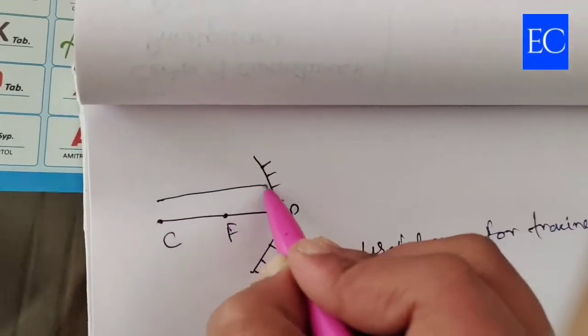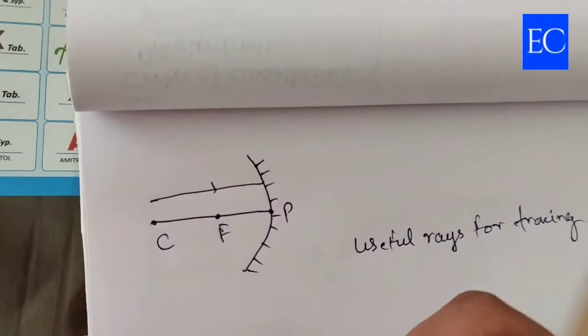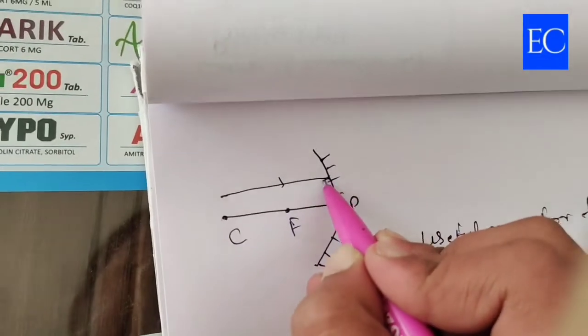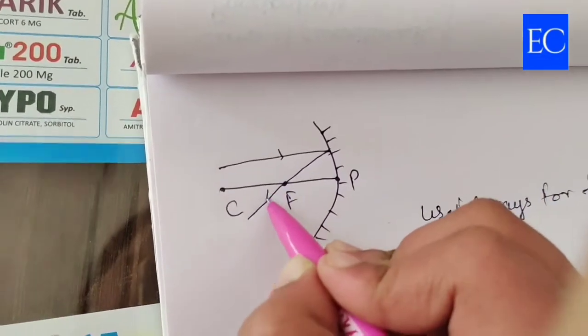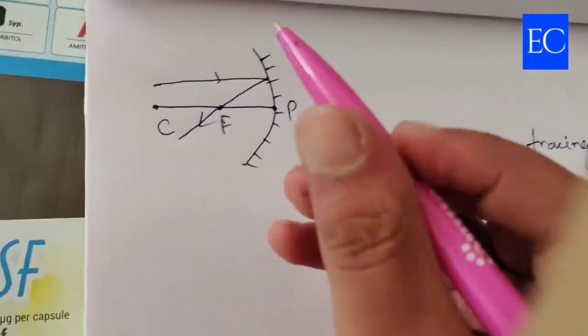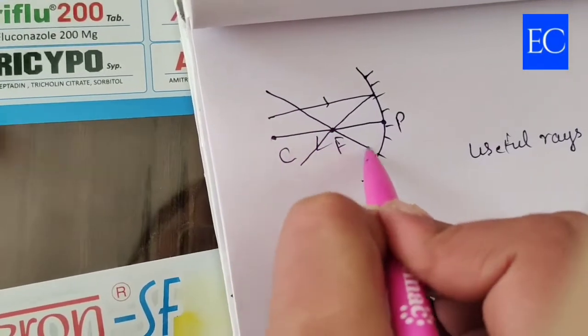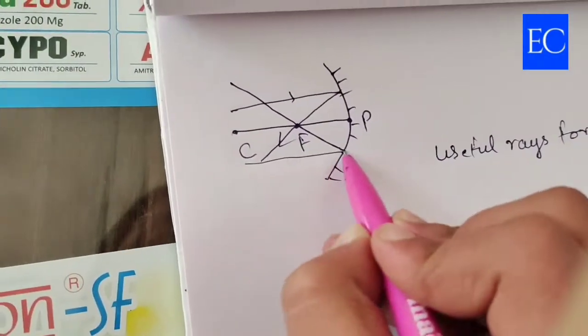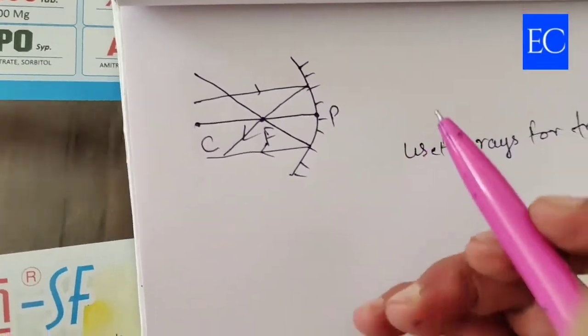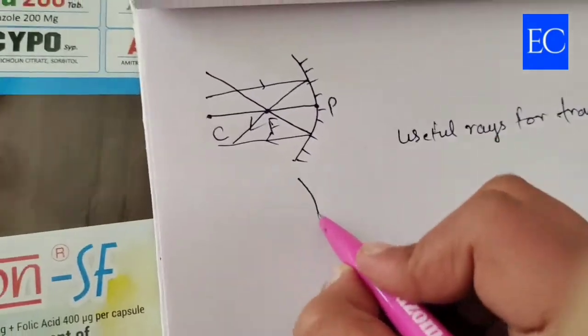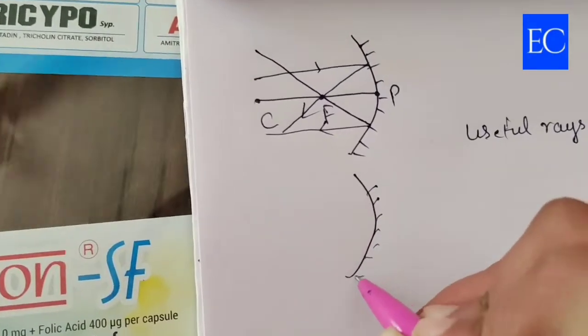All the rays parallel to the principal axis will pass through the focus after reflection. Just the converse of this, all the rays coming through the focus will become parallel to the principal axis after reflection. Next, let us draw it again, a very rough diagram.